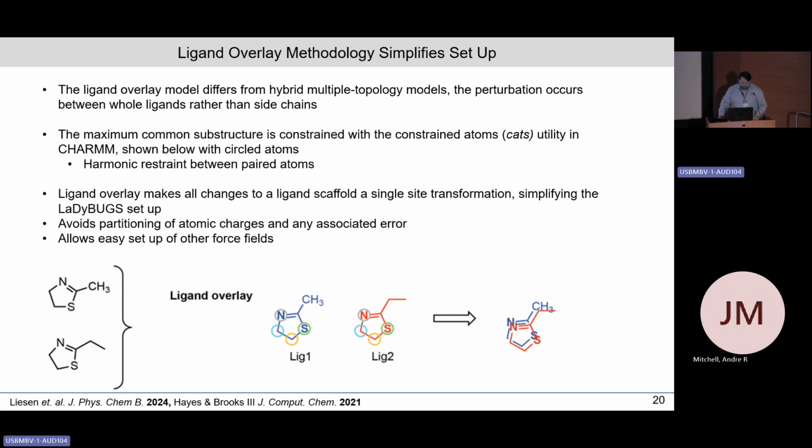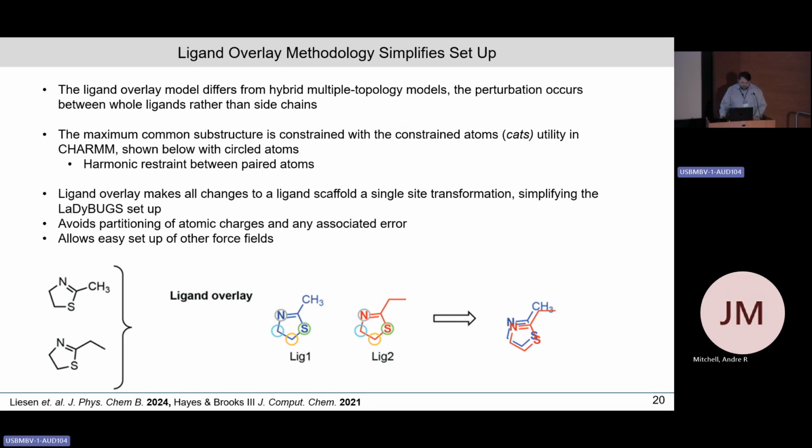Some other advantages to using ligand overlay with Lambda Dynamics and LaDyBUGS is that it now makes all changes to the ligand scaffold a single site transformation, which simplifies LaDyBUGS setup because it doesn't matter if you're putting a group here or here. If you're perturbing through all the ligands, it's just going to be a single site change, so you don't have to worry about where you're putting any of the perturbations.